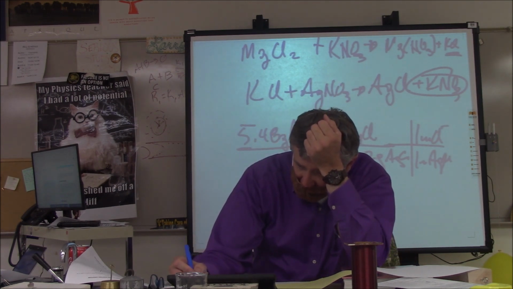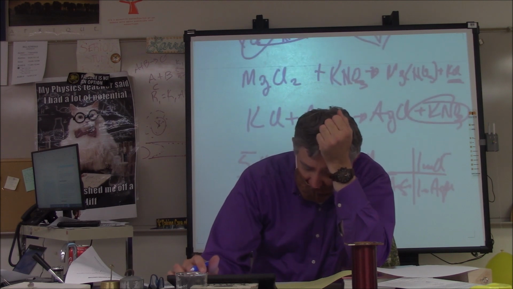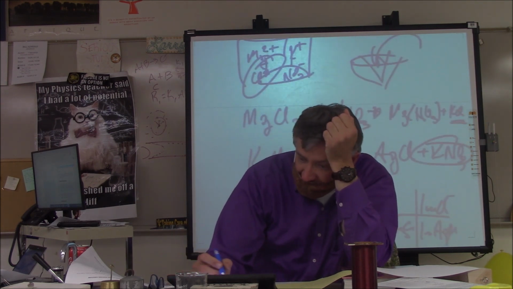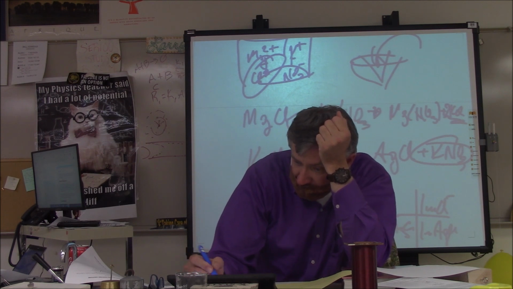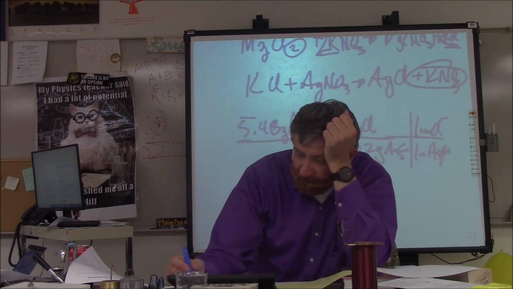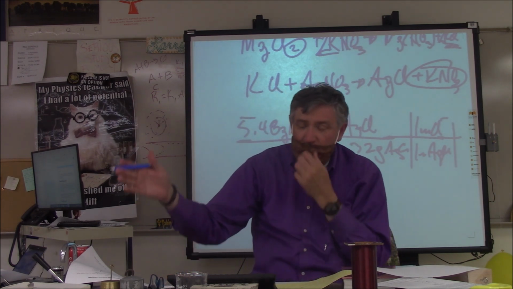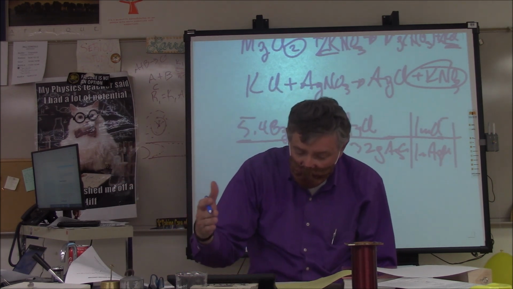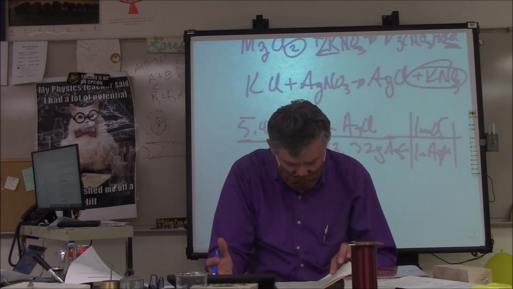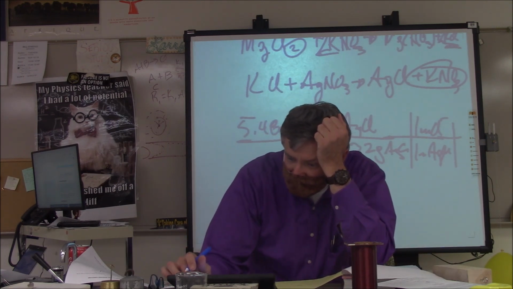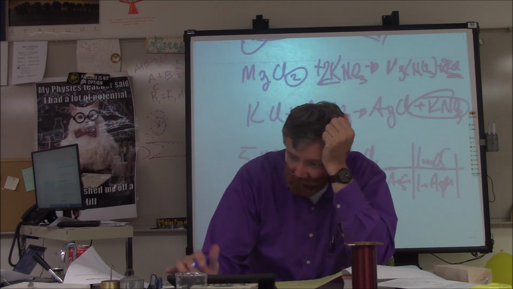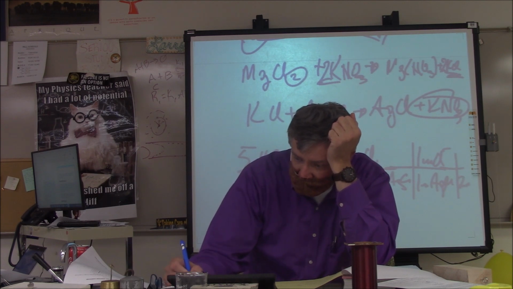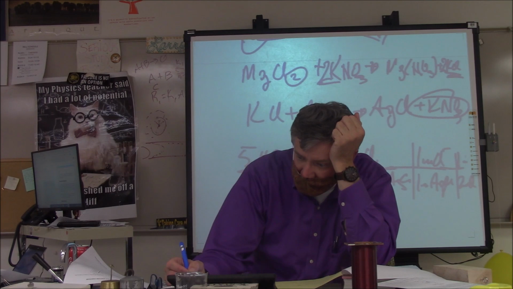And then here's the kicker though. If you go back to the initial balanced equation, to balance this out, you've got to have a 2 here, because you've got 2 chloride ions over here, and then you've got a 2 here. Now with those chloride ions, because they want you to work backwards and figure out the moles of magnesium chloride, there are 2 moles of Cl minus to every 1 mole of magnesium chloride.